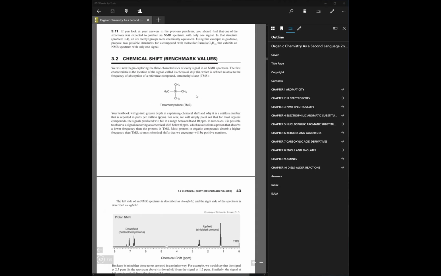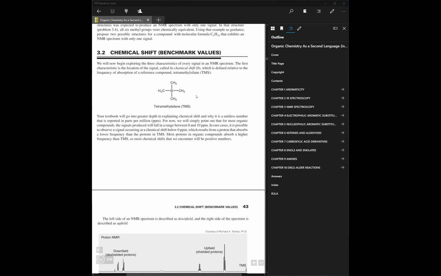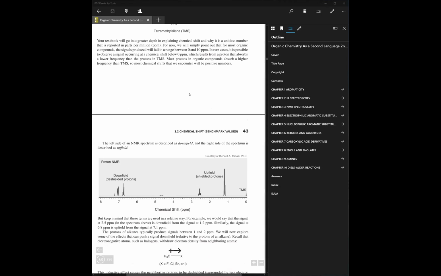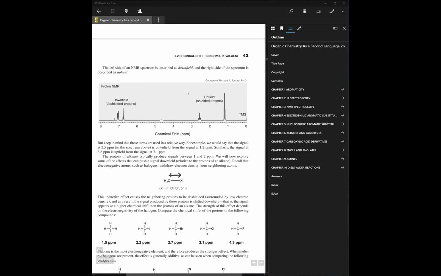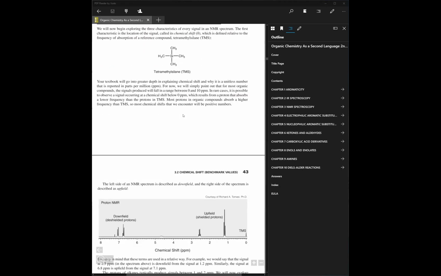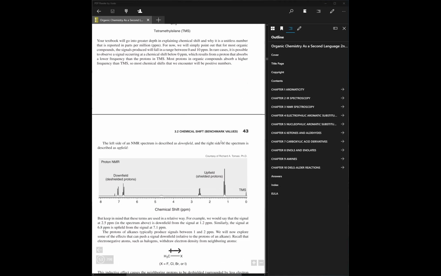So the chemical shift, or your benchmark values, doesn't actually have a unit of measure. This has to do with the division, and it really comes down to concentration. TMS is essentially what we call the zero point.